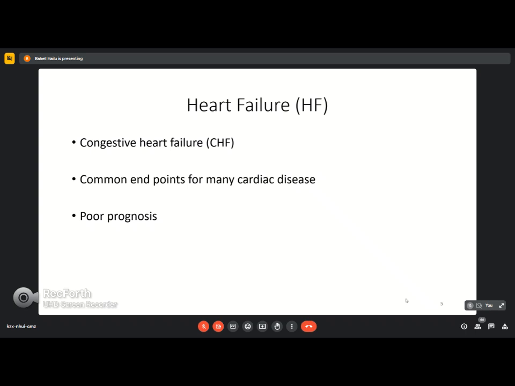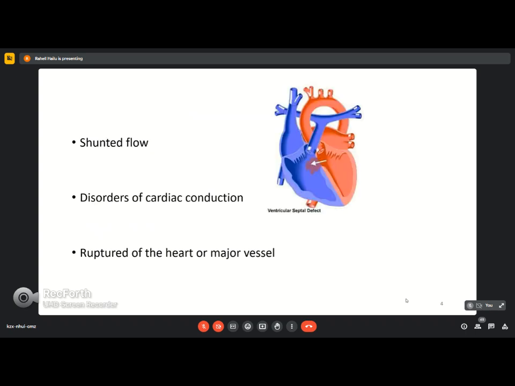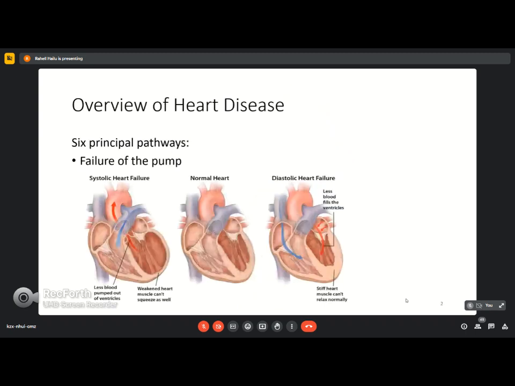So heart failure basically means that the heart cannot supply the demand from the tissues. Okay, that's basically what heart failure means.